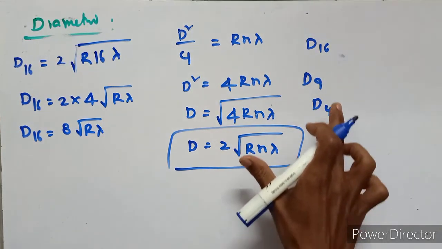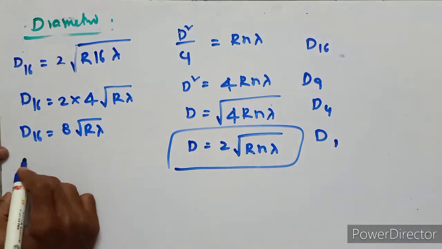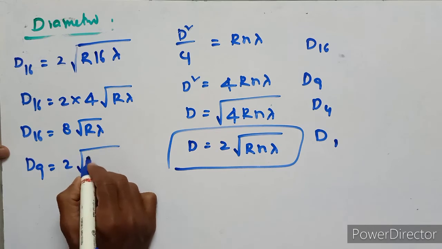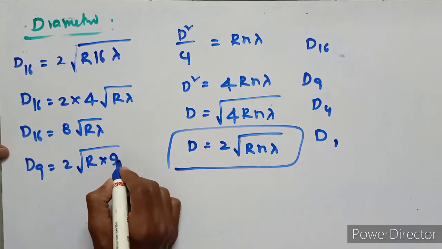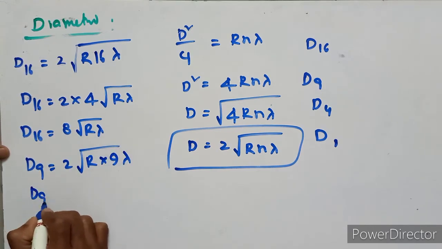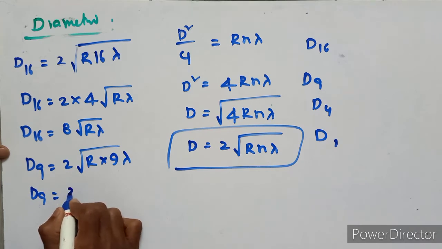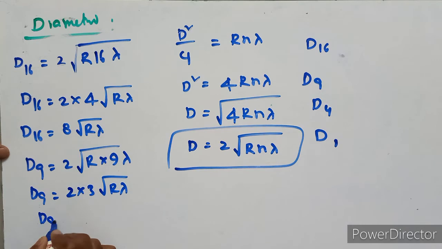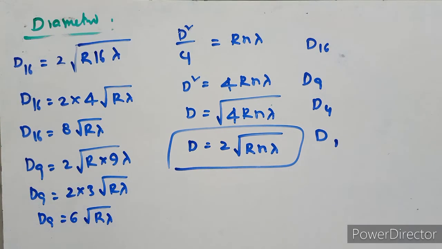Similarly, for the ninth ring, D9 = 2√(R·9λ) = 2 × 3√(Rλ), so D9 = 6√(Rλ).